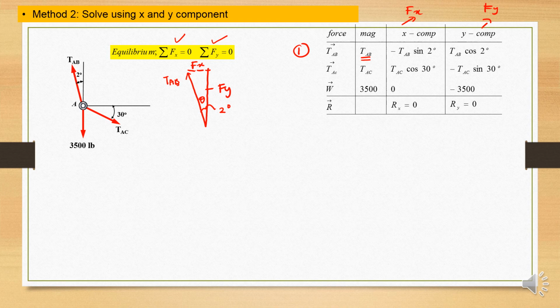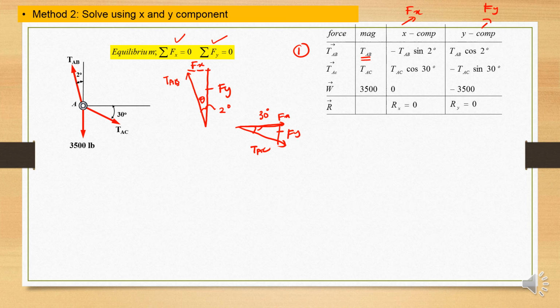Same goes for the TAC. Look at the TAC here. The triangle will look like this. This is the TAC, and you have the angle here, which is 30 degree, and then this is your Fx, and the Fy is at this point.